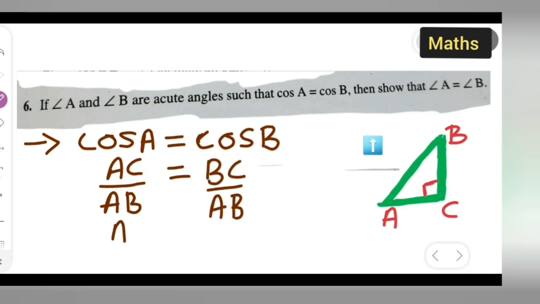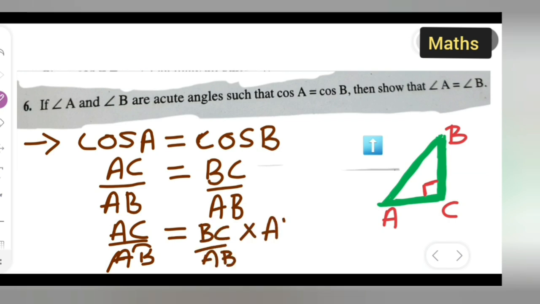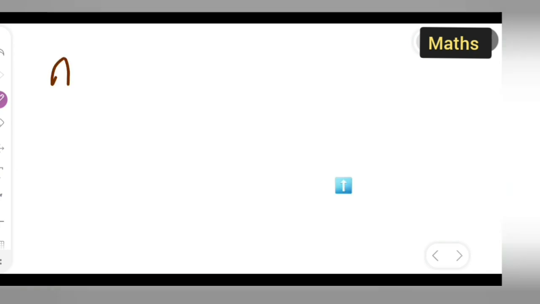Now if I multiply both sides by AB, AB will get cancelled, and I am left with AC is equal to BC.